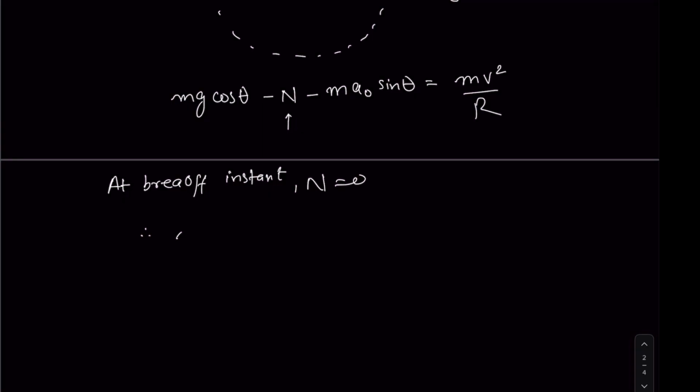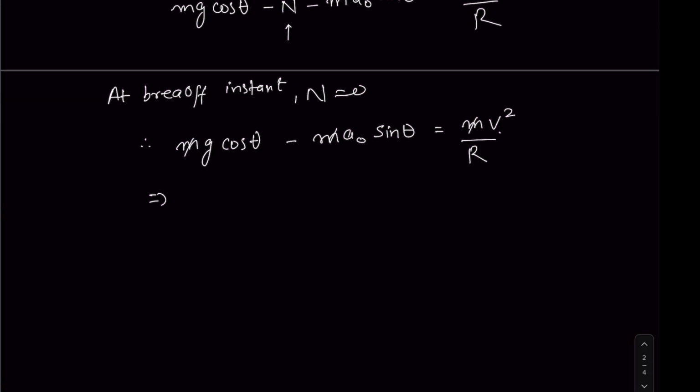Therefore, mg cos theta, where theta is the angle of the break-off, minus m a naught sine theta will be equal to mv square over r, where v now is the break-off speed with respect to the sphere, the thing that we need to calculate. So m cancels out. This gives us v square over r equals g cos theta minus a naught sine theta. Let's call this equation number 1.